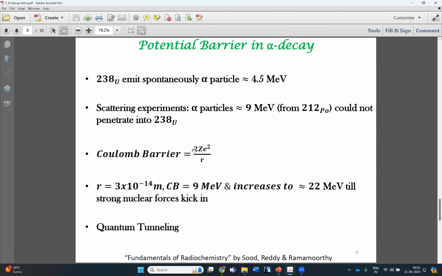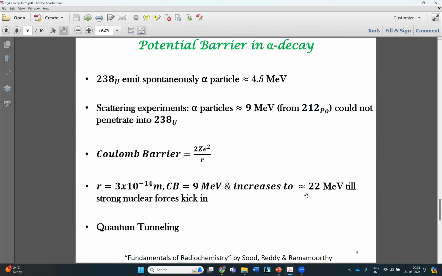This 2 indicates the charge on this alpha particle. Z indicates the number of protons in this nucleus. This indicates the electrostatic repulsion. Later, it was also found that the Coulomb barrier is quite high, about 22 MeV, which is much more than these numbers.